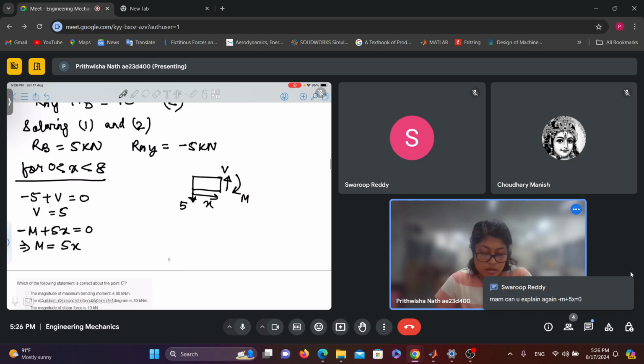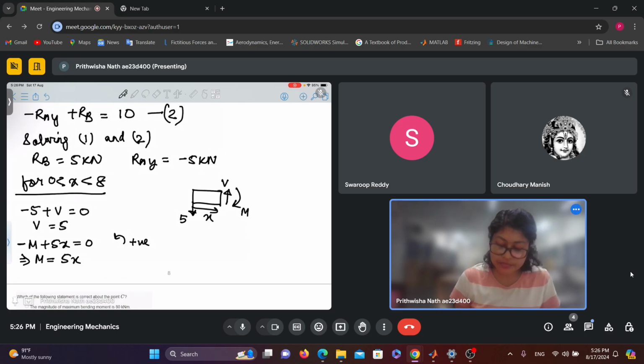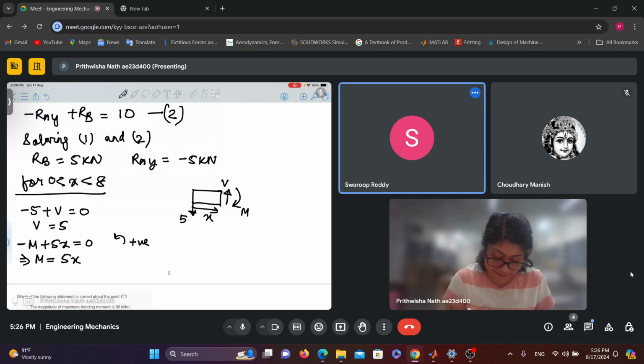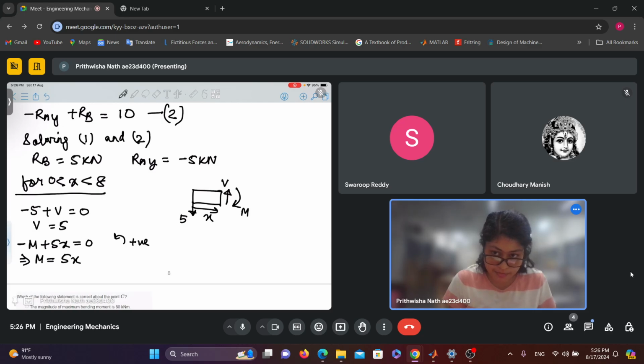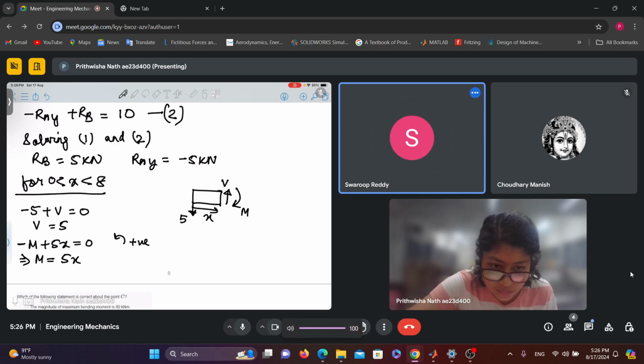Okay. So, M is causing a clockwise moment, right? If I take anti-clockwise to be positive, M is causing a clockwise moment, isn't it? And 5 is causing an anti-clockwise moment. So that is 5 into x, 5x. Did you understand?